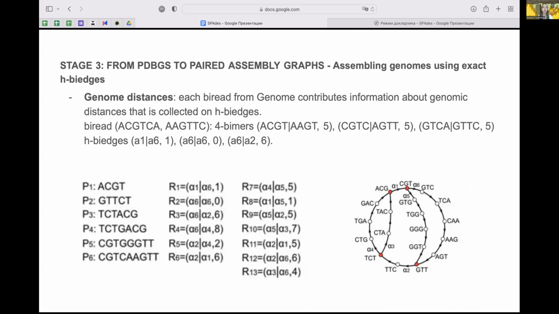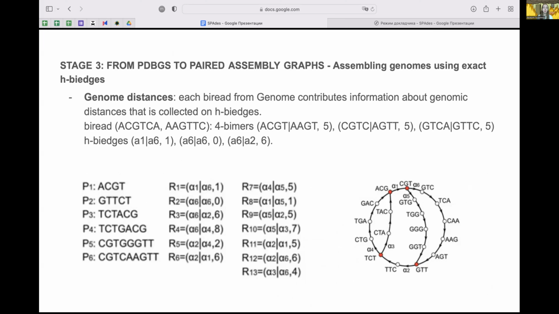Then next slide. So with a known genome in advance, we can measure exact genome distances. Each read from the genome contributes information about genomic distance that is collected in HBHs. For example, let's look at the bireads ACGTCA, AAGTTC.